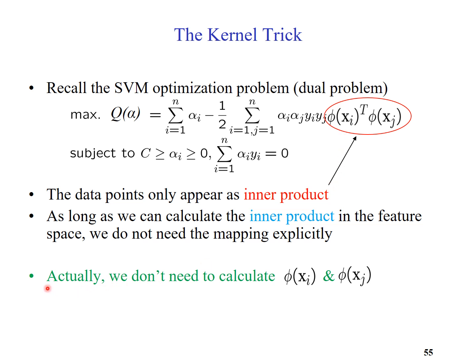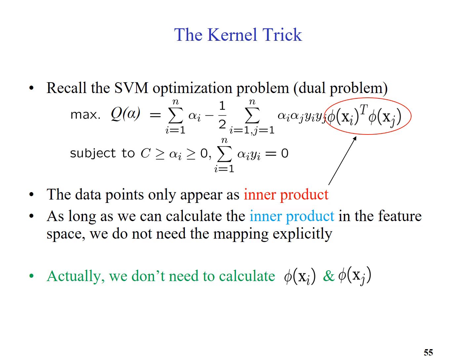So at the bottom here, we do not need to calculate each value of mapping xi and mapping xj. We do not need to know these individual values. What we need is the inner product between these two, then we are fine.